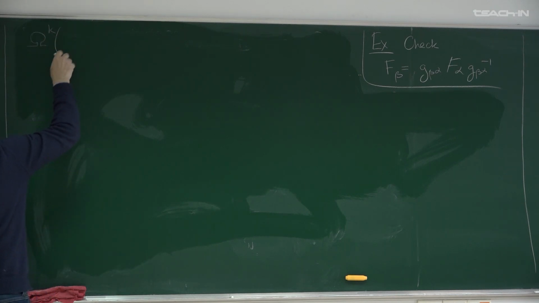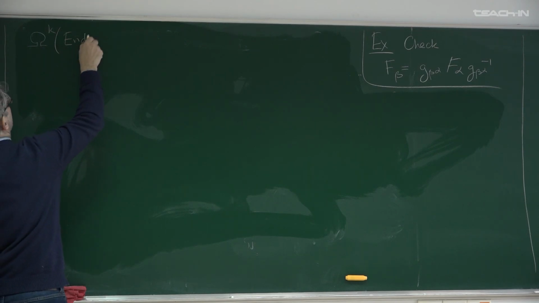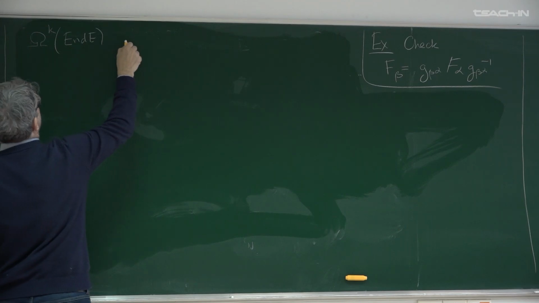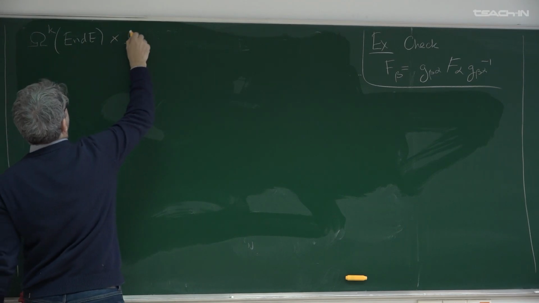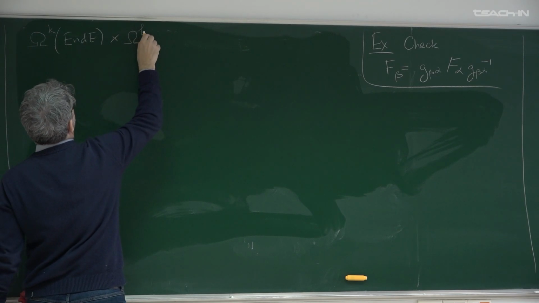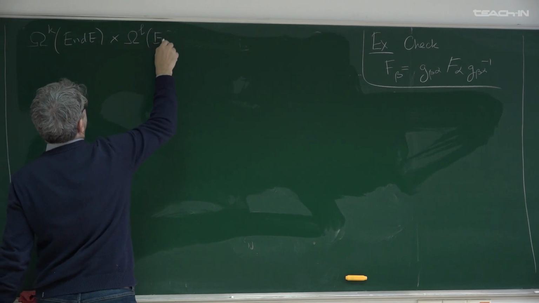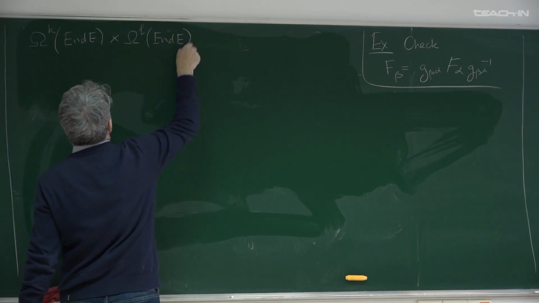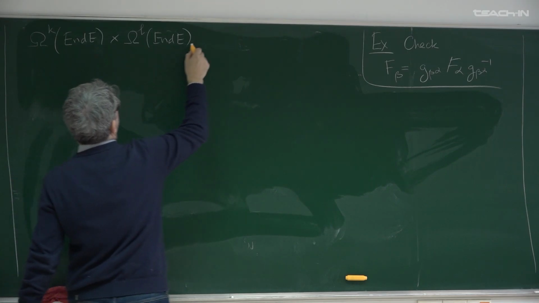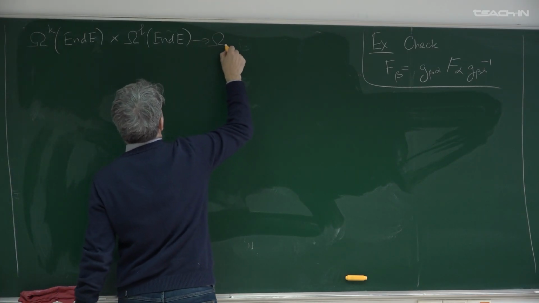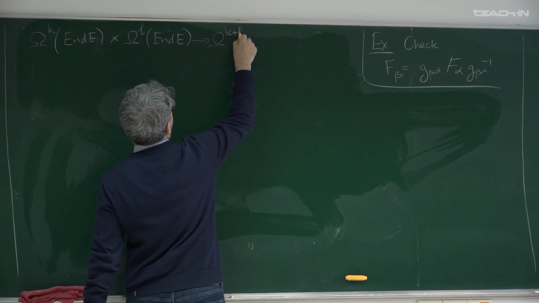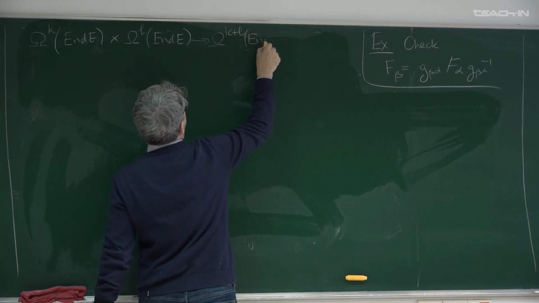Assume we have a k-form with values in endomorphisms of the vector bundle E, and I have an l-form with values in endomorphisms of the vector bundle E. And I want to define a differential form of this type.